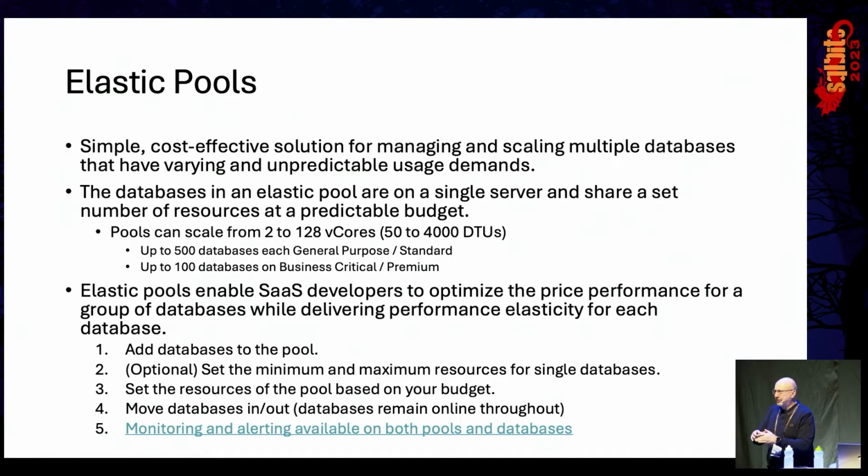And pools can help us spread the cost of running those tenants across multiple databases and multiple customers. Individual pools can scale from 2 to 128 vCores, and again can host up to 500 databases. So you can still find your own sweet spot in terms of performance and costs, and then you can divide and manage.